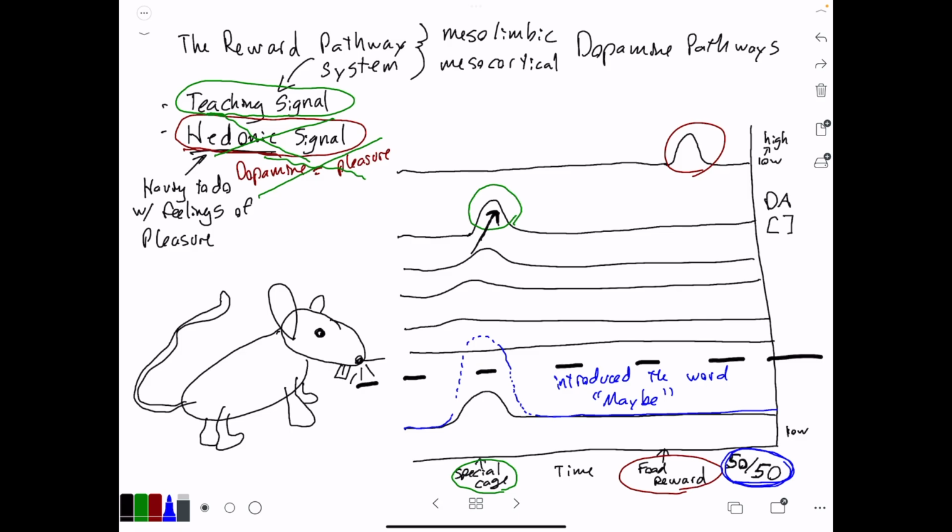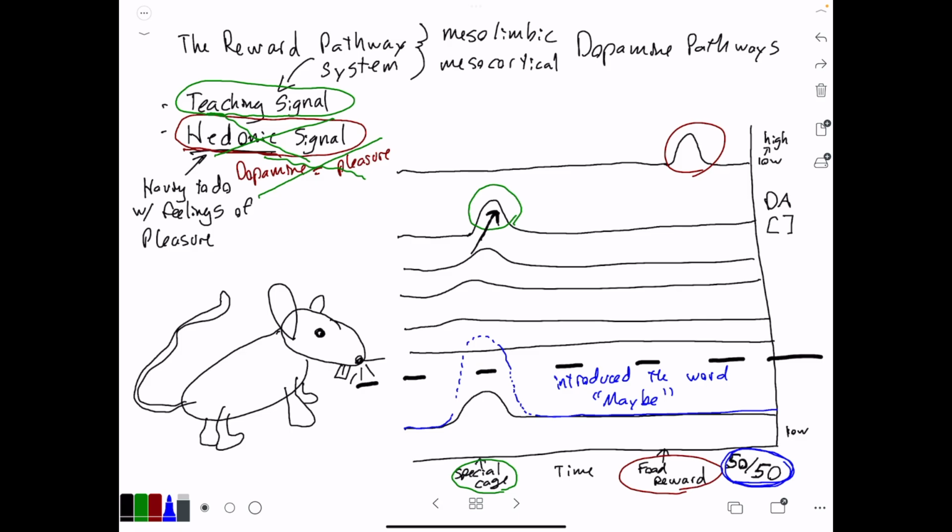When the food reward is only 50-50, the brain is sending the signal to the dopaminergic pathways saying, this is really good. We need to maximize our probability of getting it again, because this is a pro-survival sustenance item. It would be great if we could come across it again. And so let's maximize our ability to do that.